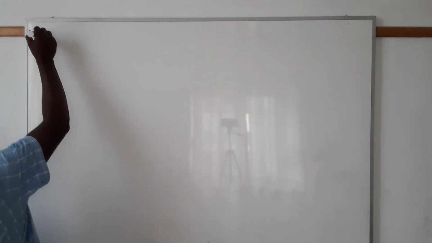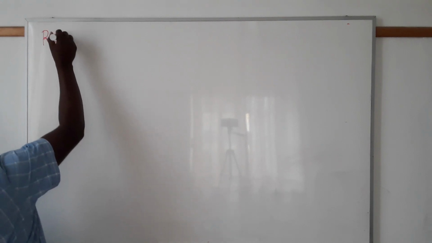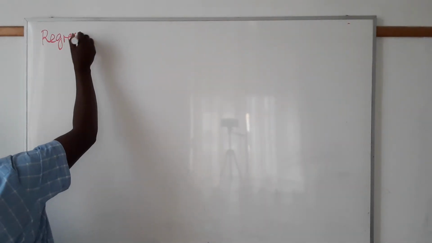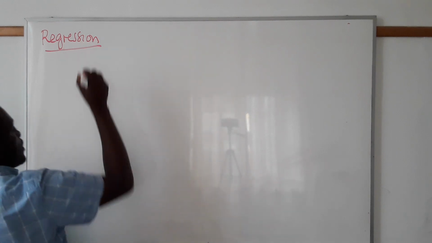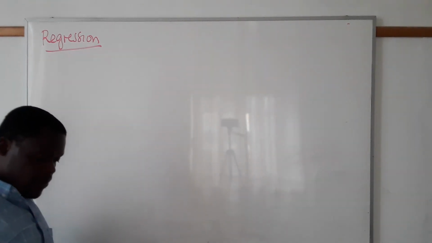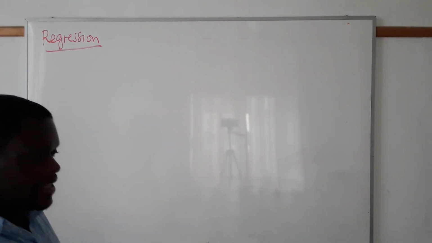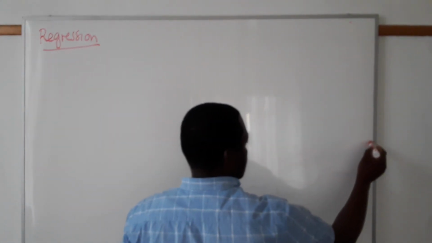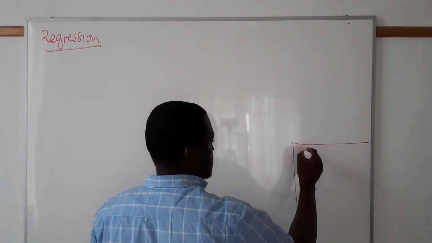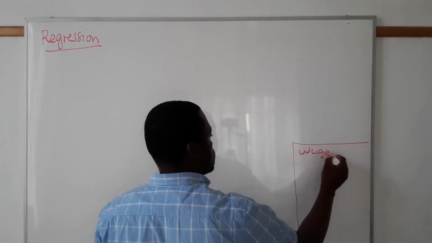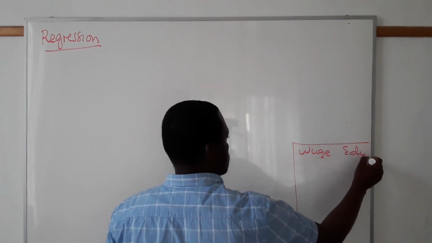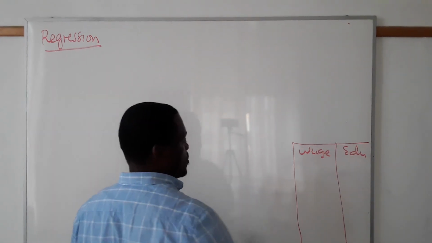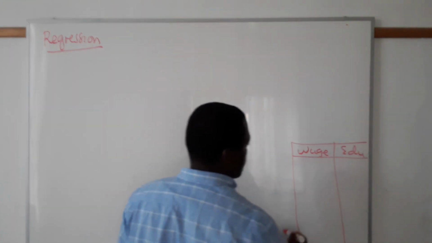So now we want to talk about regression. Now, if you have a set of data, let's say now this is your data, this is your wage, this is your education, using the example we were working with yesterday.